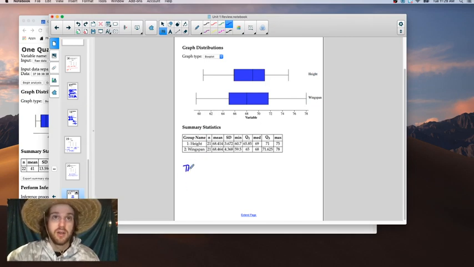So let's say the height is just ever so slightly skewed to the left. But that's okay. So the wingspan is, talk about shape, roughly symmetric.